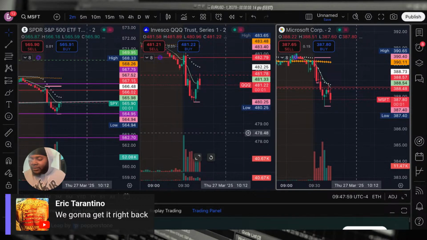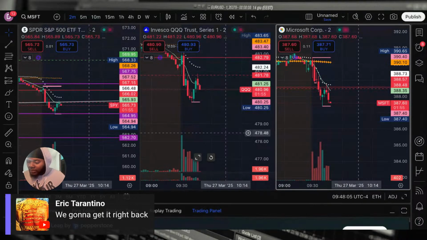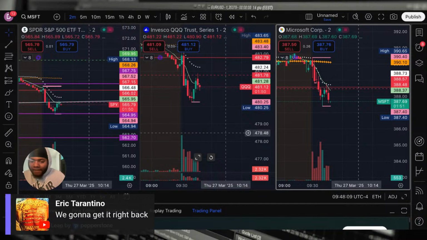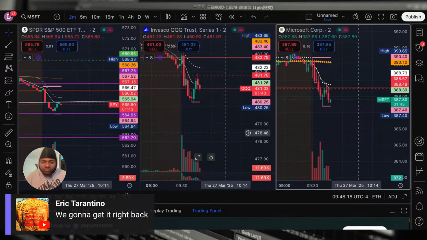Three seconds on this candle. Kind of want to load QQQ puts back again. I kind of want to load them again. 480. Let's see what happens. Damn, I want to load them again.